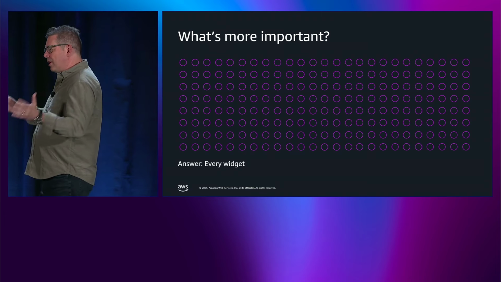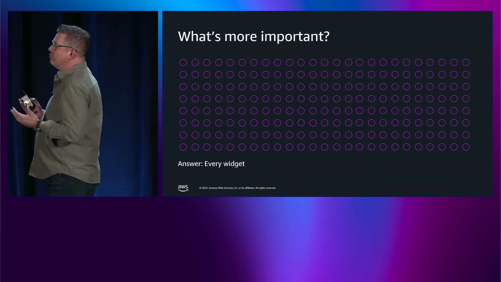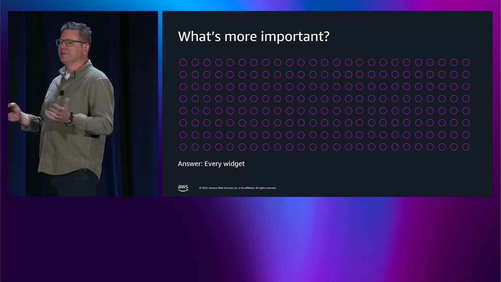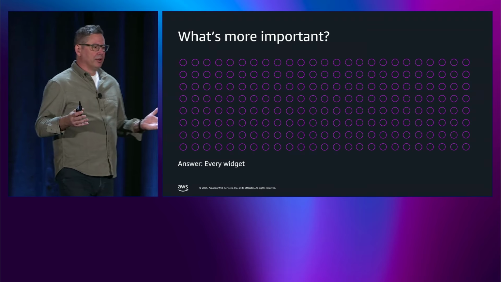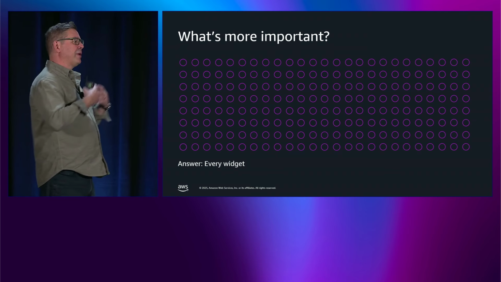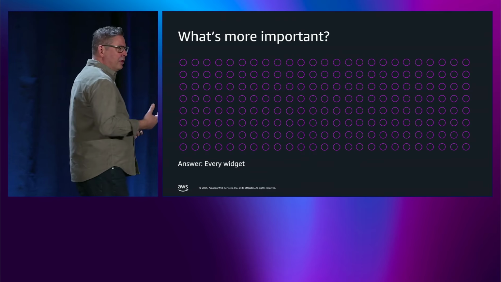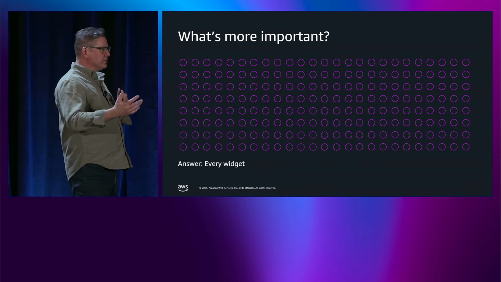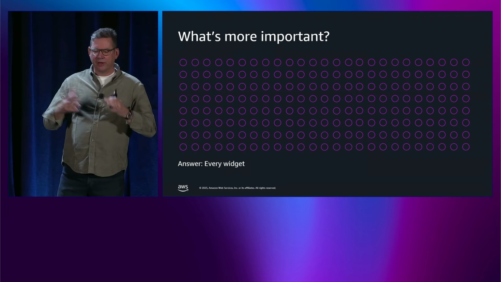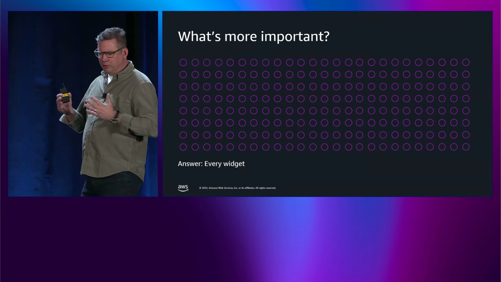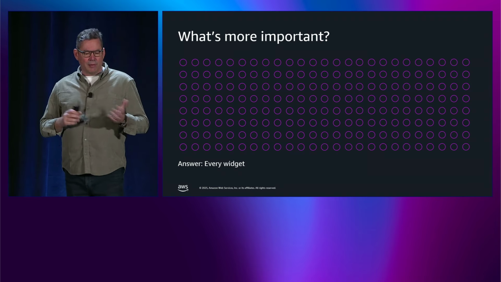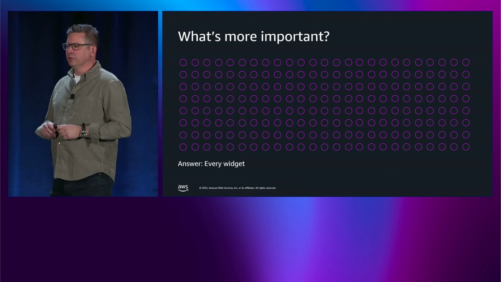And so going back to our original question, what's more important? Every message, every widget is important, right? We can't make choices around specific types of requests that come through. We can prioritize and potentially reason around the importance of where we put things, but ultimately every message is important.